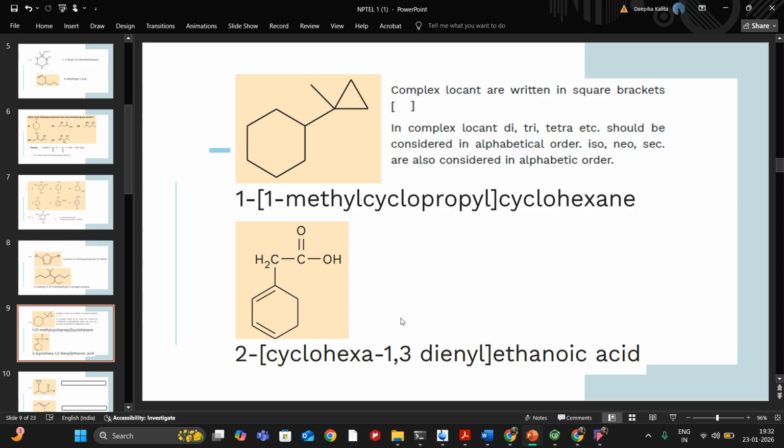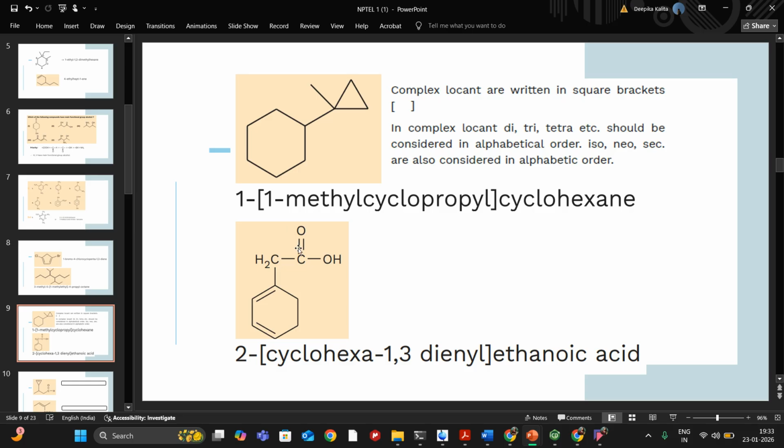So always remember that whenever we have multiple bonds versus a functional group, we will always assign the higher priority to the functional group. Hence, the main functional group in this compound will be carboxylic acid.